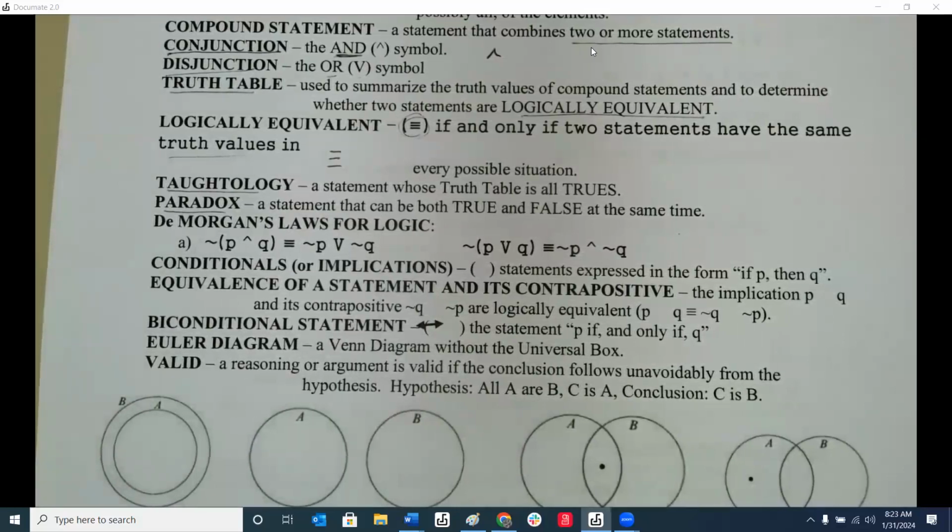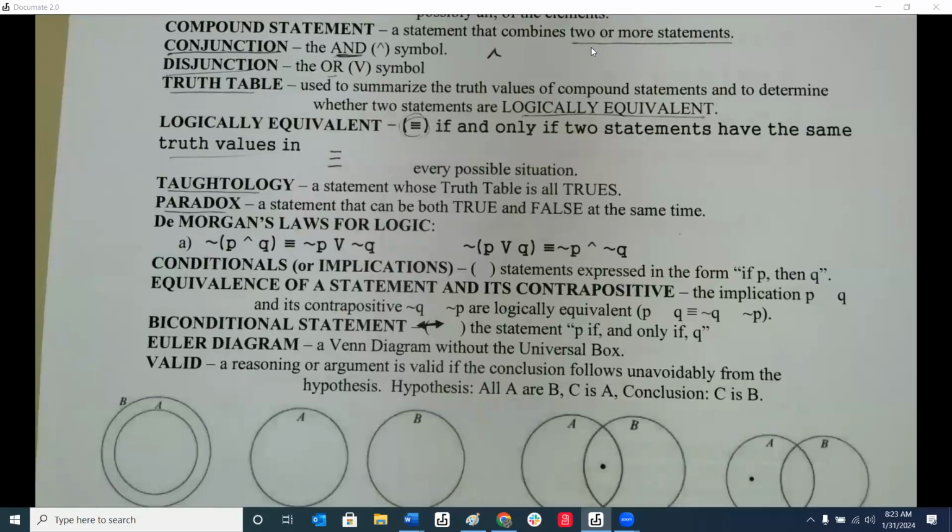Those are different events occurring. Think of a paradox. I know you've heard them before. Give me a statement that's both true and false.